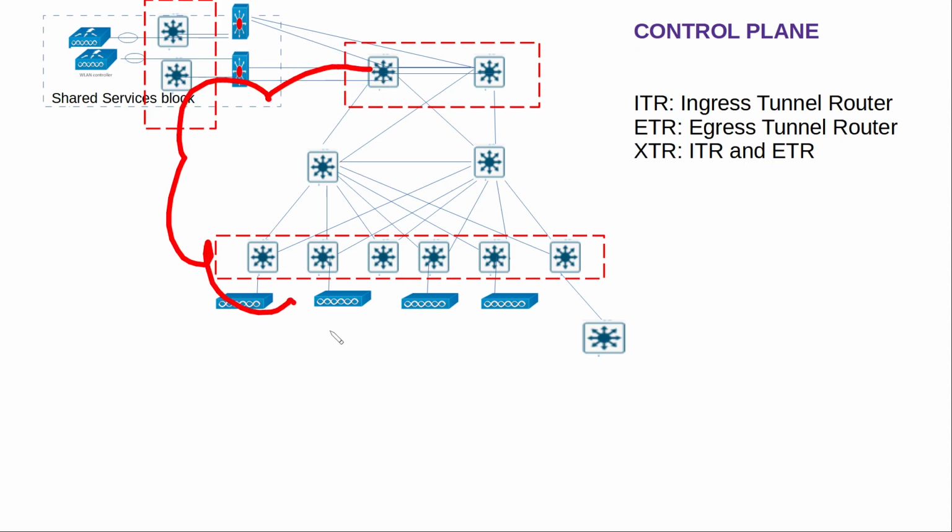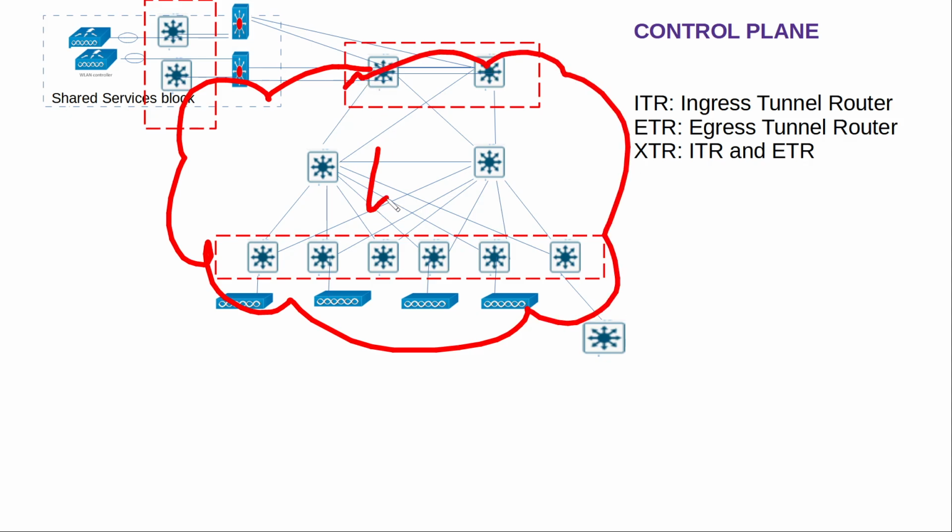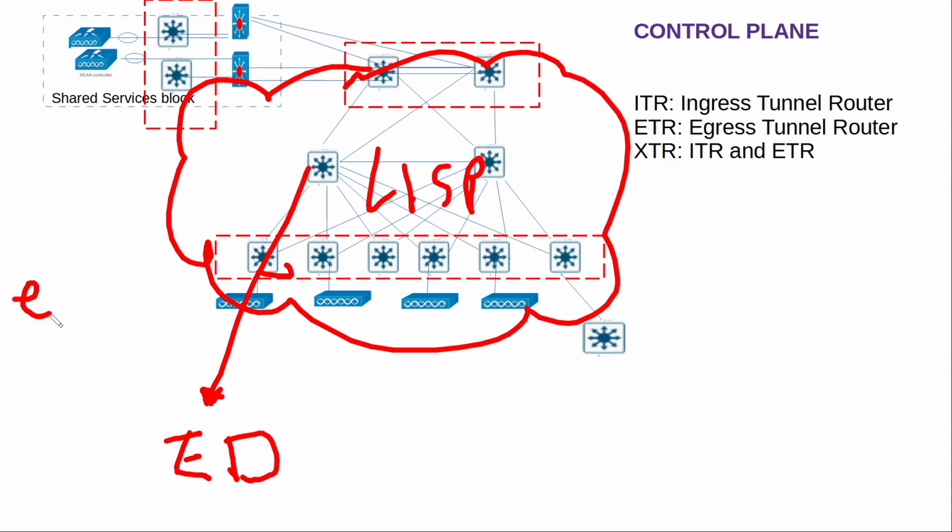Regarding the LISP terminology, if I have a network device that lets me send information from my LISP domain into an end device, then that network device is known as an egress tunneling router.